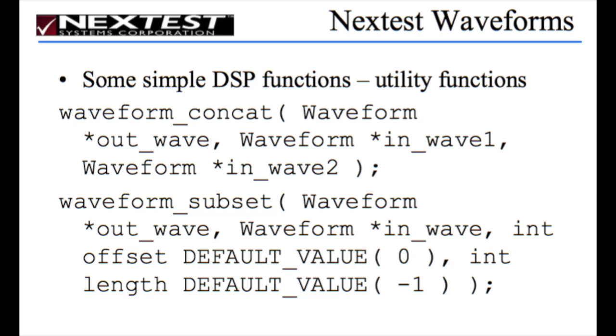And if you use the default values, you basically just get the same wave. But what the default values mean is you don't actually have to specify, for example, the length. The length is assumed to be till the end of the waveform. So you can like remove the first couple of samples from a wave. That's an easy thing to do.